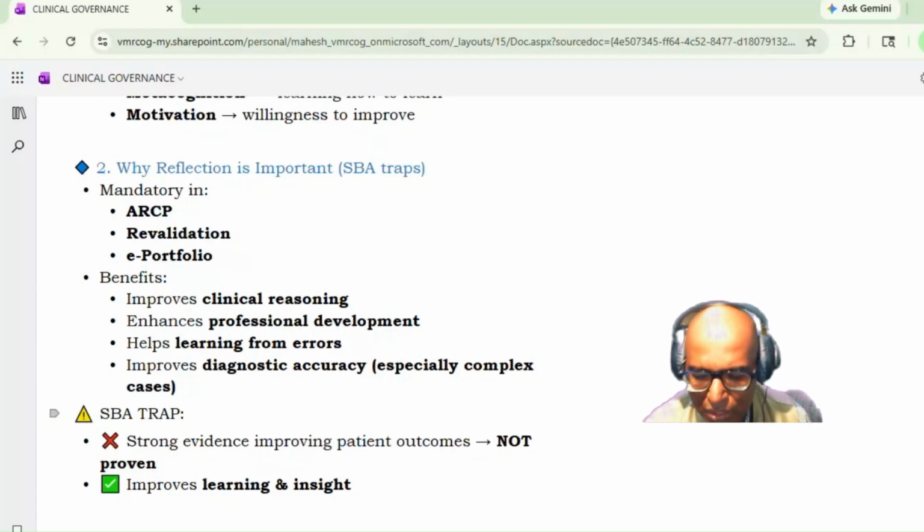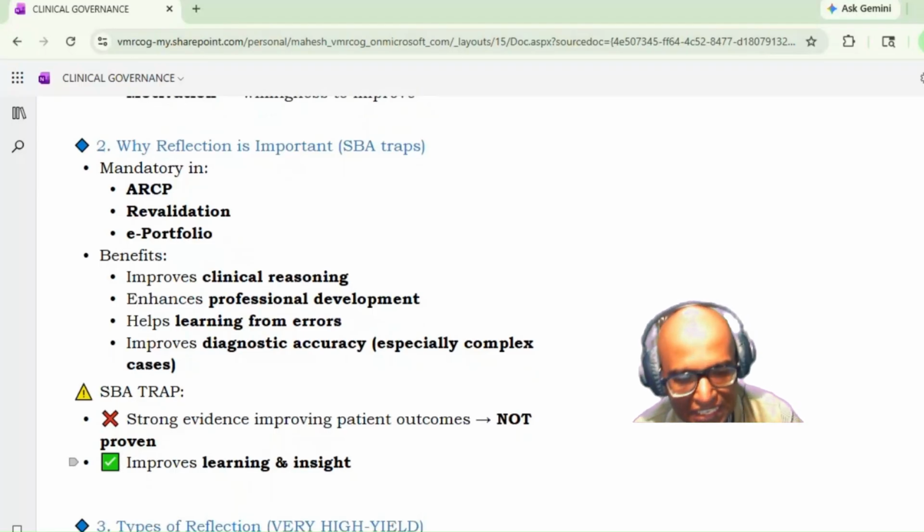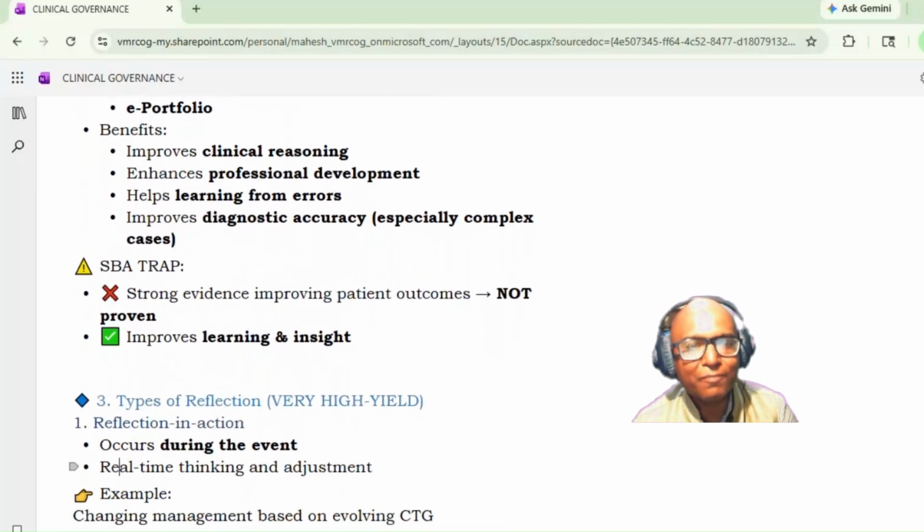So future mistakes will, to some extent, definitely be reduced, because you need to perform this reflective practice, especially when there is a deviation, or when there is some morbidity or mortality. The second topic we are going to discuss is audit, which is directly linked to improving patient outcome. Reflective practice is not directly linked to improving patient outcome. There is no strong evidence, but it improves learning and insight, and maybe indirectly it will improve patient outcome.